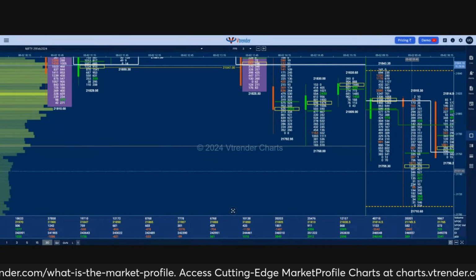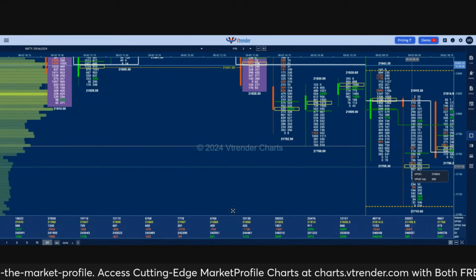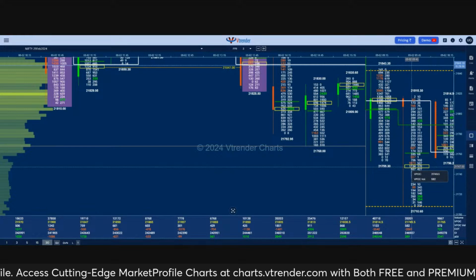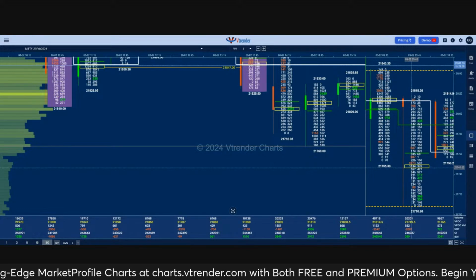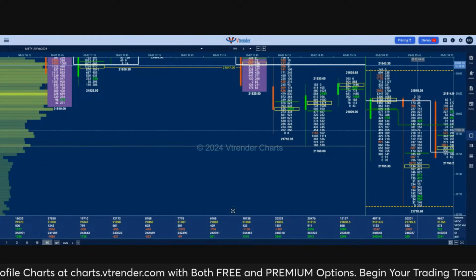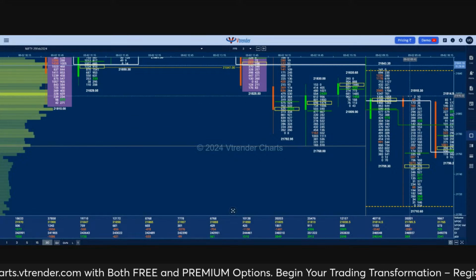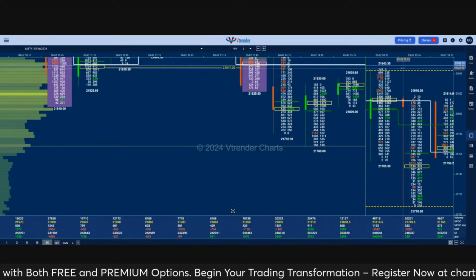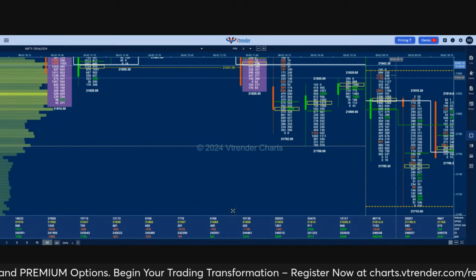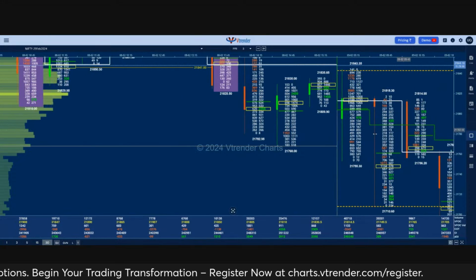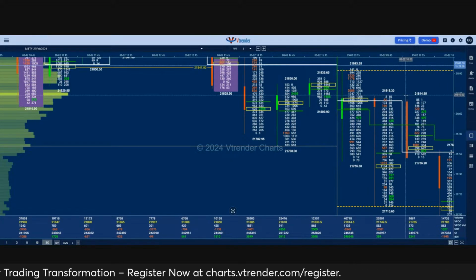But the B period went lower and it kind of formed an RB. So this 21749 was a support, to say. But again, we have left this A period selling tail from 21818 to 843. So this was not able to be taken out in the C period.